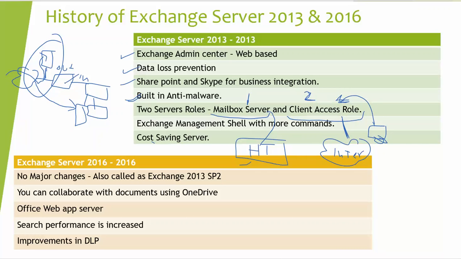So let's say you don't have any DMZ or edge transport, any email that comes in goes directly, for example, to the client access role in Exchange, or the hub transport role in Exchange Server 2007 or 2010. So you're directly communicating with the hub transport server role, which can be insecure. That's why most organizations don't want outside communication to take place directly to their inside network. So that's why they use the edge transport server role.